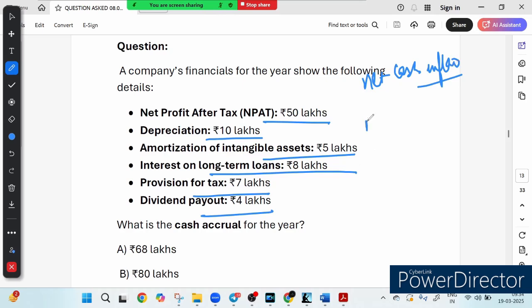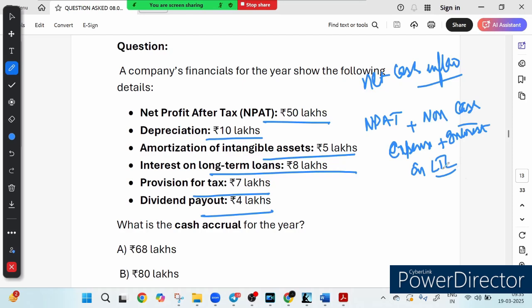The formula for cash accrual is NPAT, net profit after tax, plus non-cash expense, plus interest on long-term loan, right? So this is how we use it.